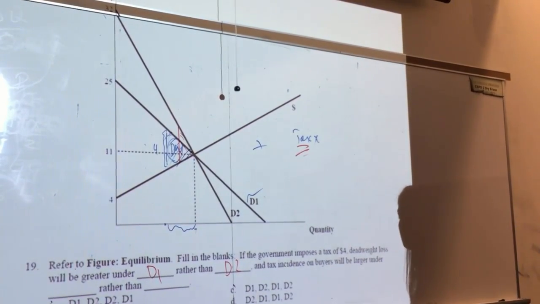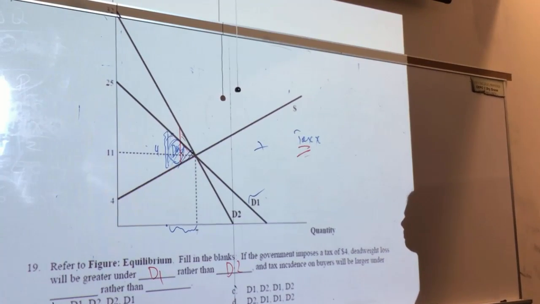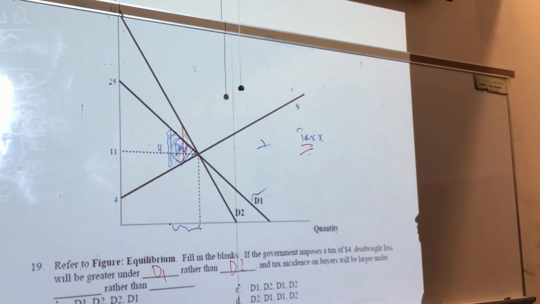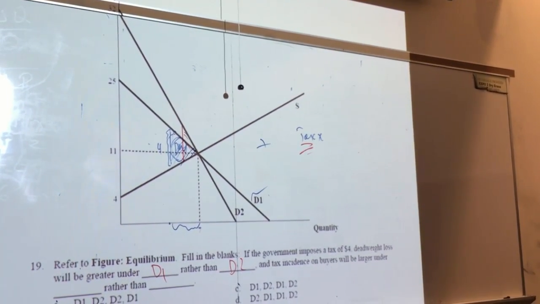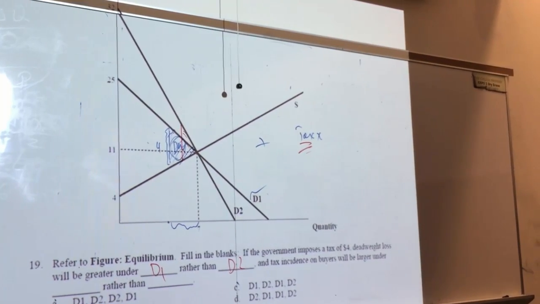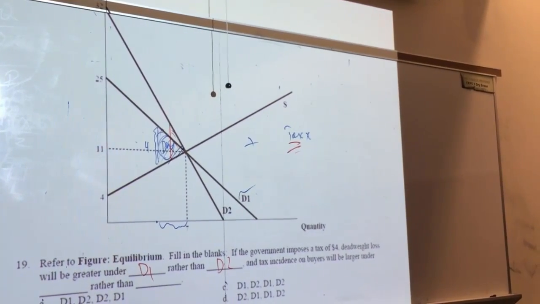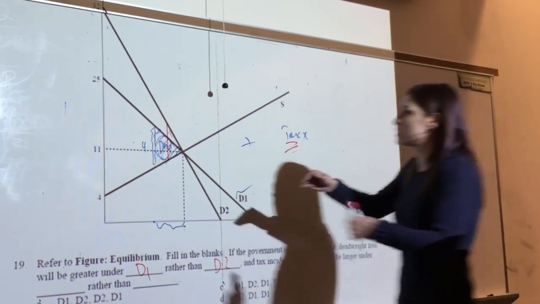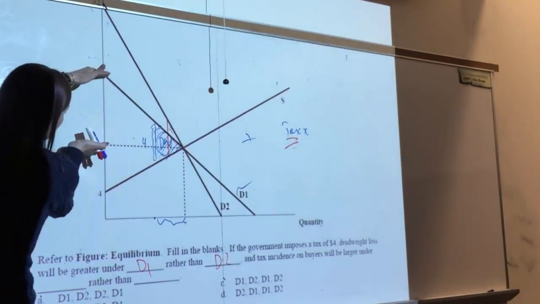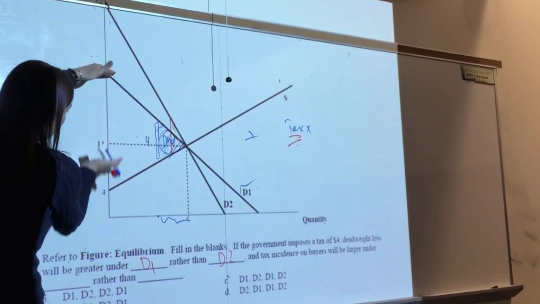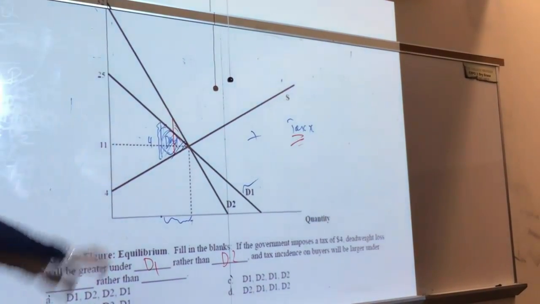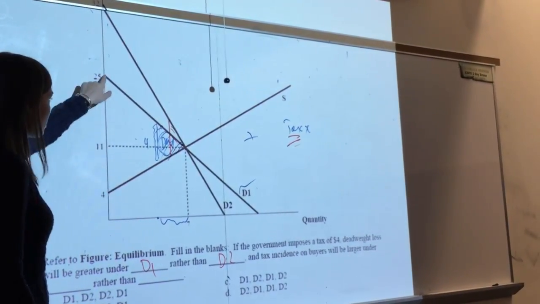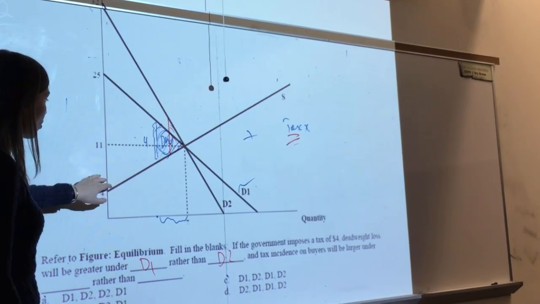And tax incidence on buyers, would it be greater under D1 or D2? Well, tax incidence on buyers, we can calculate as the ratio of this over that, right? Pretty much this side over the total.